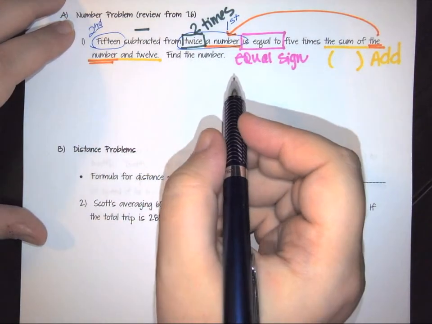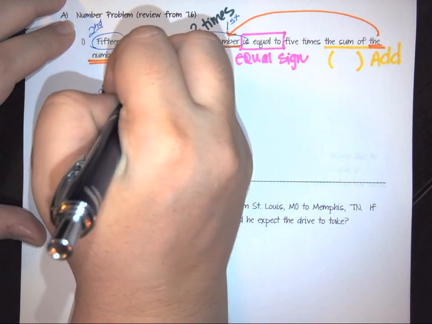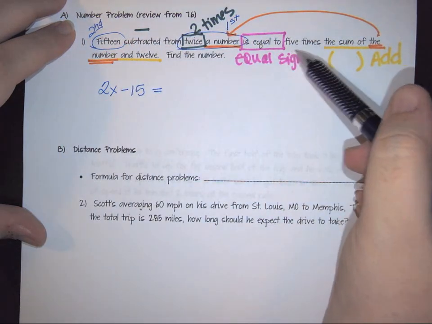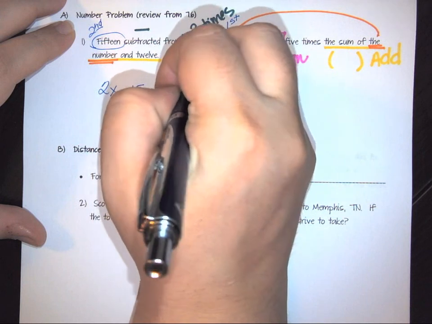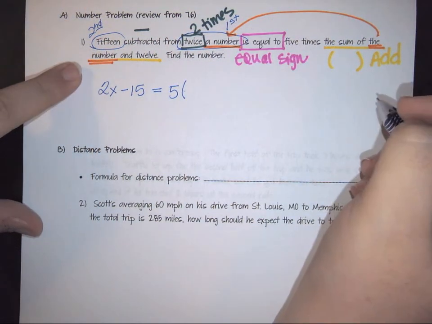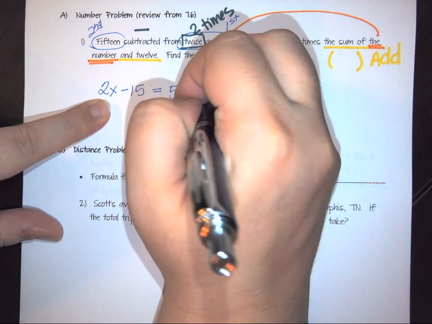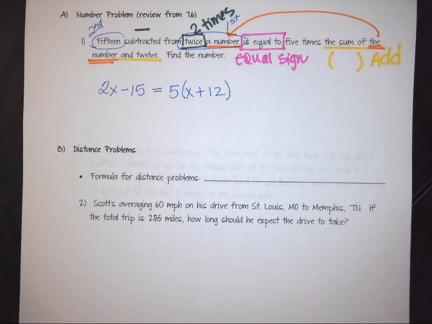So we've got twice a number, so 2x minus 15 is equal to, and then I have 5 times the sum of. So this is 5 times, we open a parentheses. The number refers to the variable we use in the beginning, so x plus 12. And there we have rewritten our sentence in terms of an expression.